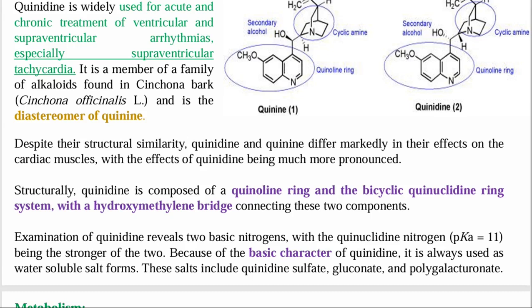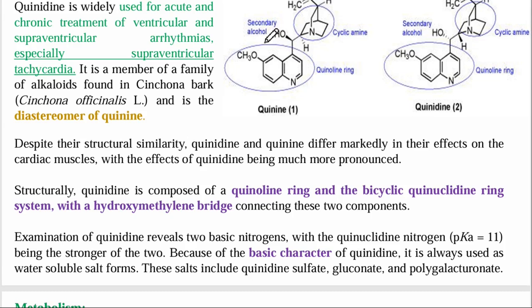Quinidine is widely used for the acute and chronic treatment of ventricular and supraventricular arrhythmias, especially supraventricular tachycardia. Now quinine generally is found from the cinchona bark, Cinchona officinalis, and quinidine is a diastereomer of quinine.